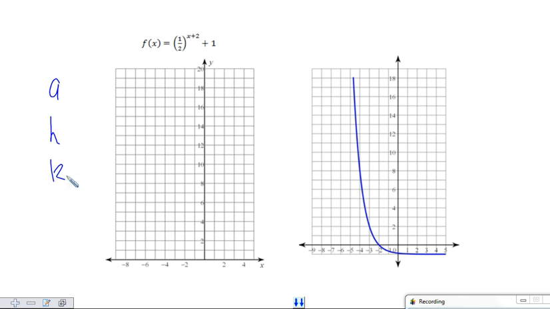A, H, K. A is 1/2. K is 2. I'm sorry, H is 2 and K is 1. Sorry guys, I'm rushing through this a little bit. So our important point is going to be the opposite of HK. -2, 1 gets an open circle. That's where our horizontal line goes.